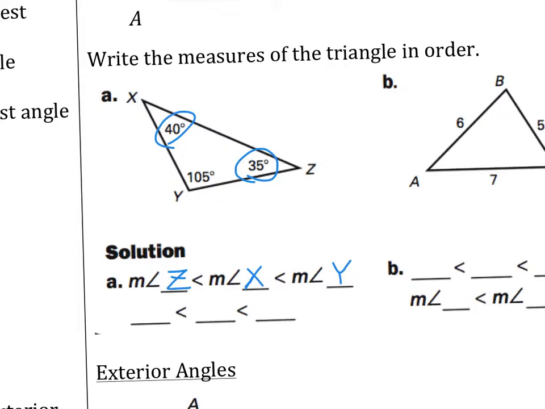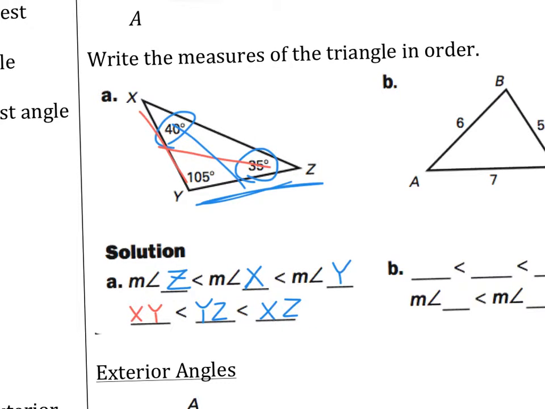So putting the sides in order is just a matter of going opposite. So XY is the smallest. Now the opposite of 40 is YZ. And lastly, the leftover is XZ. So that would be placing the side lengths in order from least to greatest.